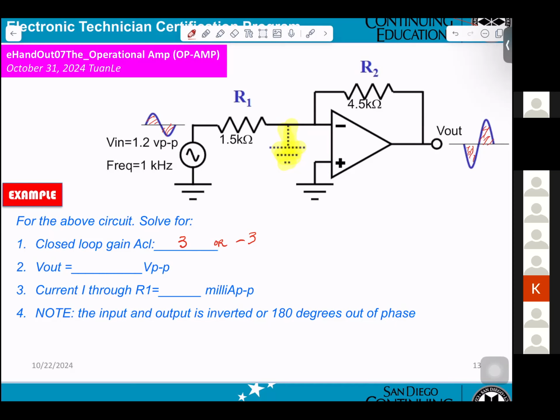So basically, the gain will be changing, right? So that's why for AC, we're using absolute value. The gain is 3. You don't have to use the sign.